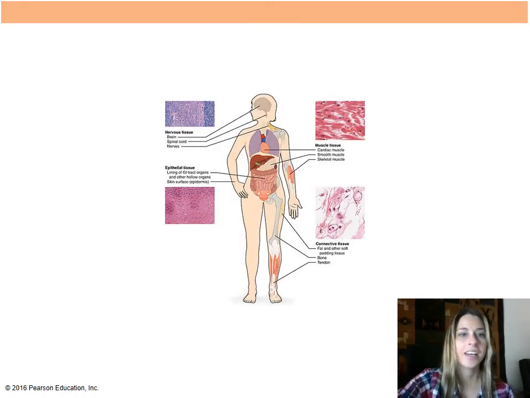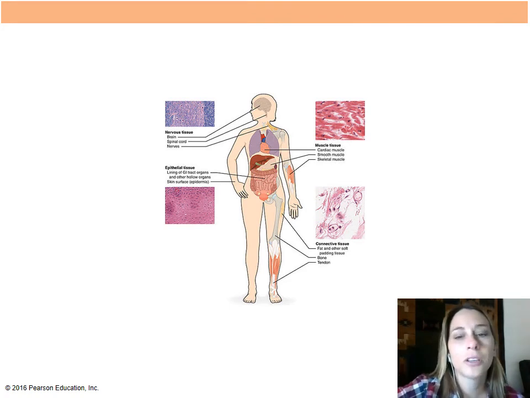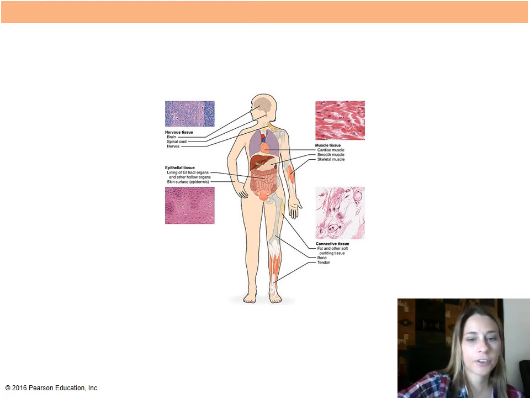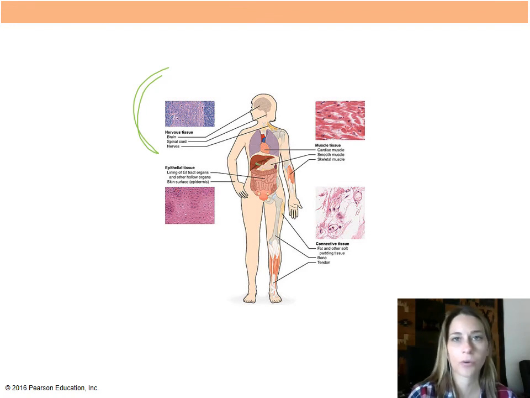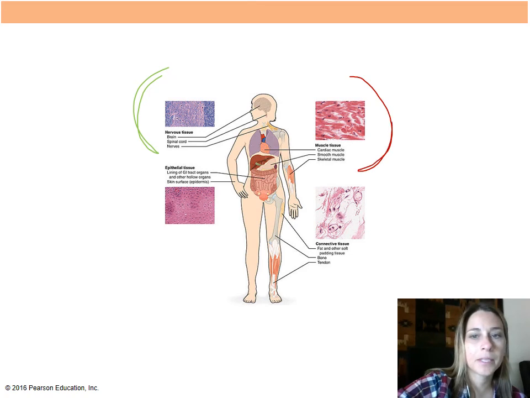All right, so again, the last thing I want to talk about is the fact that you're going to be looking for 4 main categories. The first is going to be the nervous tissue, right? So that's your brain, your nerves, your spinal cord, all the sensory type tissues. Okay, the next one is going to be muscle tissue, right?